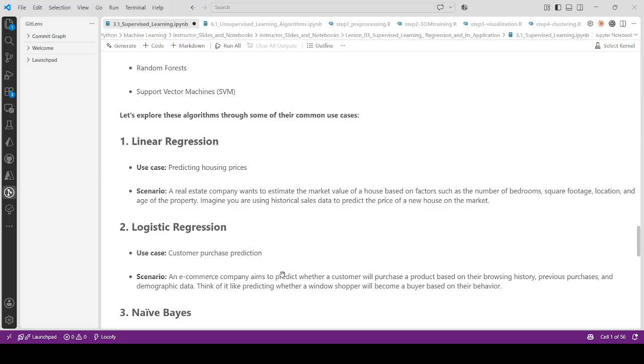Then logistic regression. The use case is customer purchase prediction. The scenario is that an e-commerce company aims to predict whether a customer will purchase a product based on their browsing history, previous purchases, and demographic data. Think of it like predicting whether a window shopper will become a buyer based on their behavior.